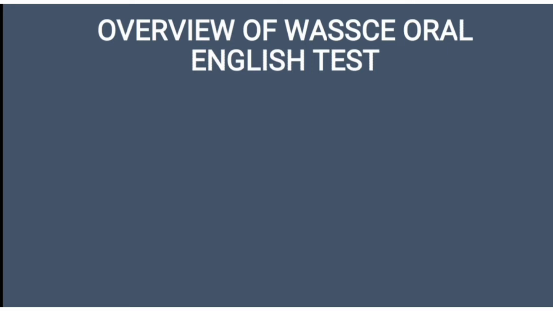The questions are grouped into 8 categories from Test 1 to Test 8. Each of the categories comes with an instruction for students to follow when answering the questions. It is therefore essential for students to take their time to read the instructions before proceeding to answer the Wassce Oral English Test.